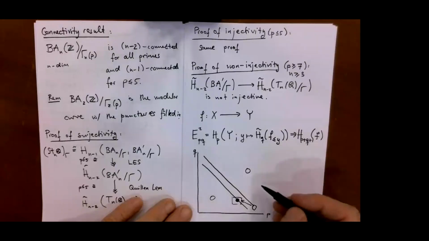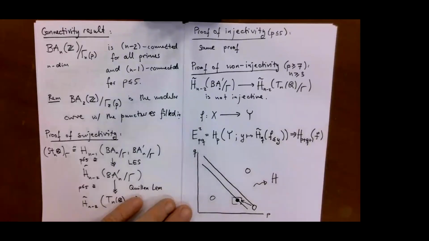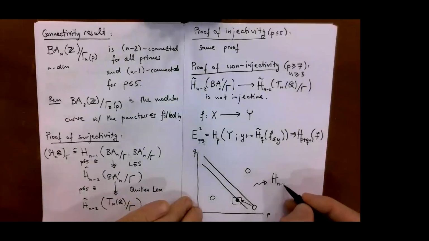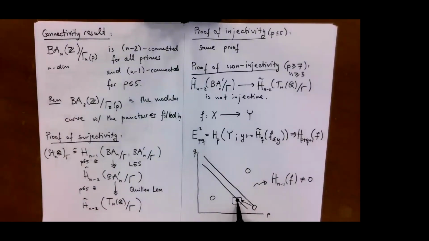Anyhow, what comes out of this is that there is this. So this implies there is a non-trivial, let me see that I get this right. There is a non-trivial homology in degree n-1 of this thing. This comes out of that, because this is 0 and this is not 0.